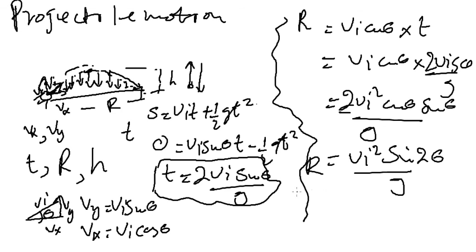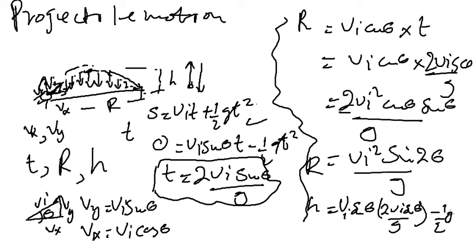Then we can find h by again writing the second equation of motion that we wrote here. We'll just plug in the values for initial velocity and time. For height, we have initial velocity vi sine theta, multiplied by the time 2 vi sine theta divided by g, minus 1 over 2 g, then substituting the value for the time, which is 2 vi sine theta divided by g, whole square.